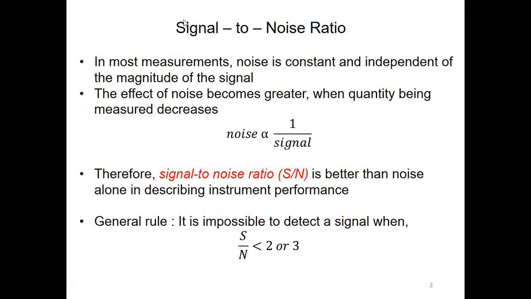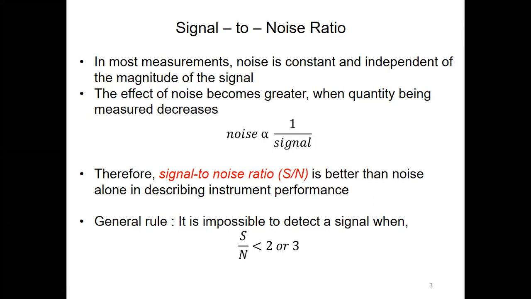Therefore, there should be a way to increase the signal. And when we talk about that, it is important to talk about the signal to noise ratio. The signal to noise ratio is the most used part when we talk about measurement.